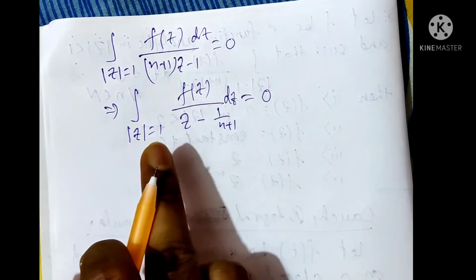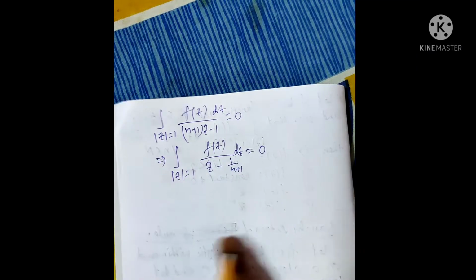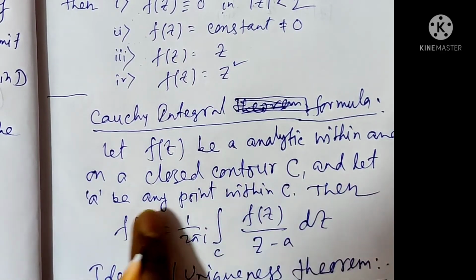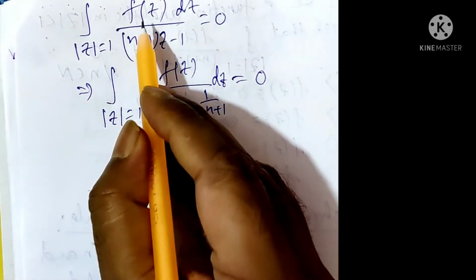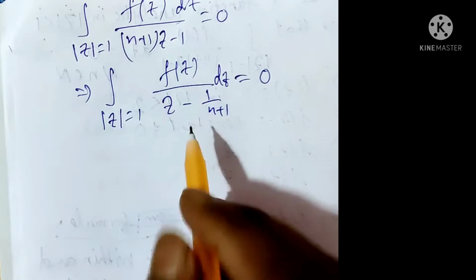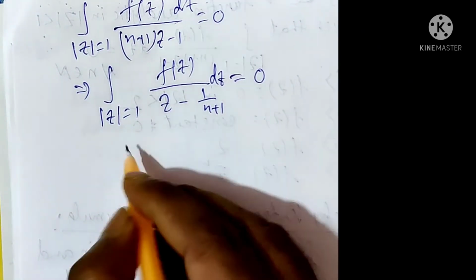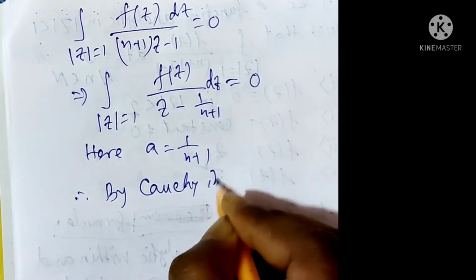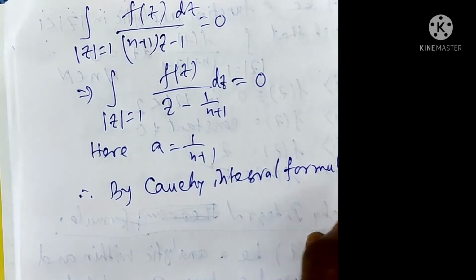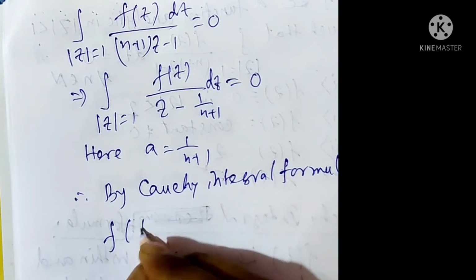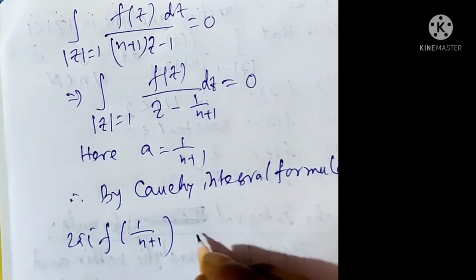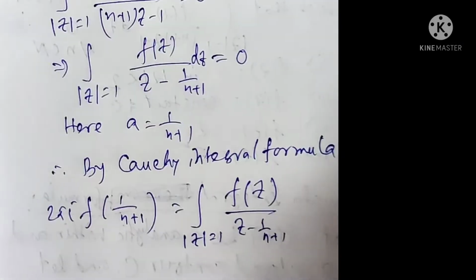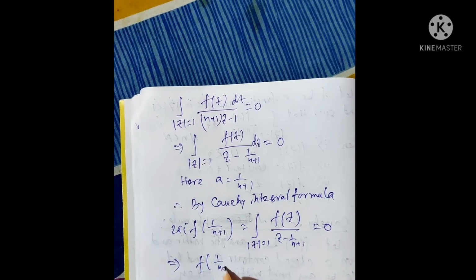Since f(z) is analytic on |z| = 1, by using the Cauchy integral formula, with a equal to 1 upon n+1, f(1/(n+1)) times 2 pi i equals the integral over |z| = 1, which equals 0. That implies f(1/(n+1)) equals 0.